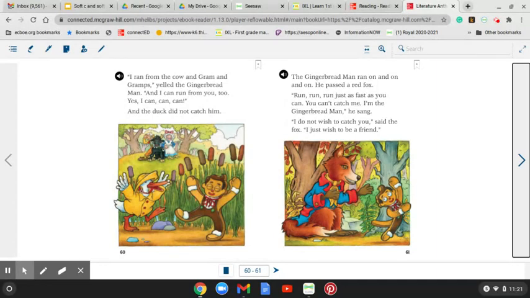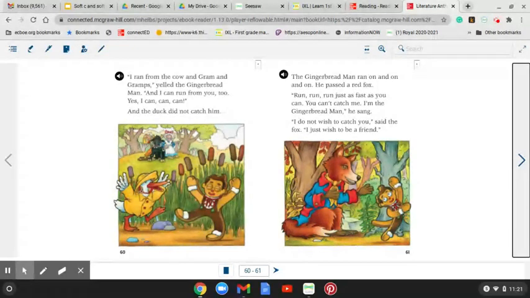Now, did the gingerbread man say the same thing to the fox that he had said to everyone else? Yes, he did. But what about the fox? Did he say the same thing that the others had said? No. What word would describe a fox? They are sly.